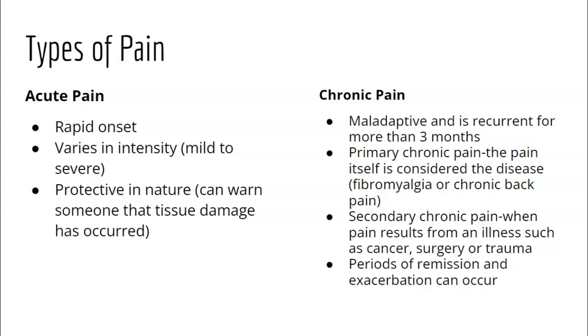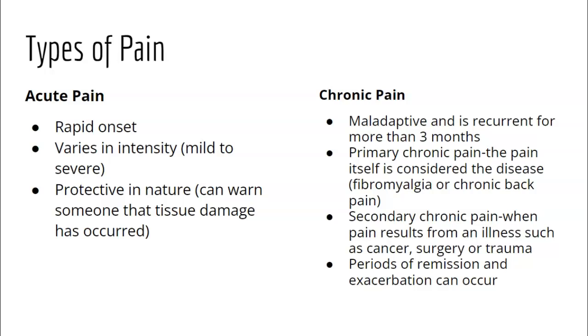And you have to know the types of pain, and this is just 2 forms of pain, and there are more kinds, and we will go through those as well. So for these first 2, acute pain versus chronic pain. Typically, acute pain is a rapid onset.